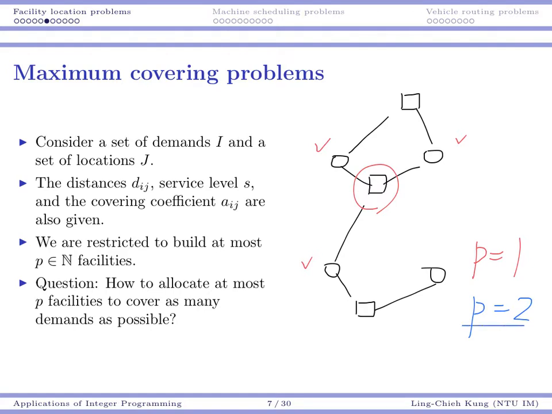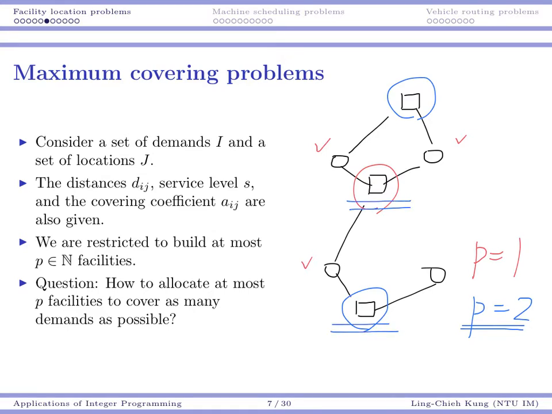When we are talking about the P equals 2 case, there are multiple optimal solutions. For example, I can choose this one. With these two facilities, now I can cover everything. Or I can choose to build facilities here and here.